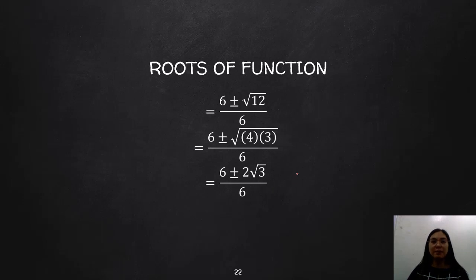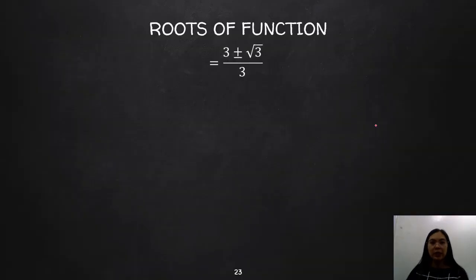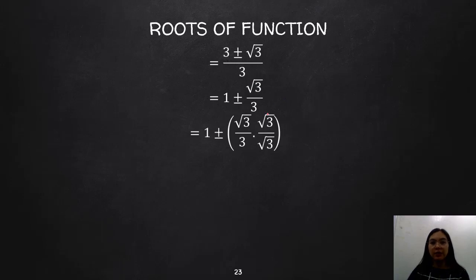Thus, we could still simplify this further. Diba? Tanggalin natin to, diba? 3 plus or minus square root of 3 all over 3. Parang lang siya. Sinimplify lang natin ito. And then, simplifying it further, you have 3 all over 3 is 1. So, you will get 1 plus or minus square root of 3 all over 3, which you could further simplify, getting rid of the radical.